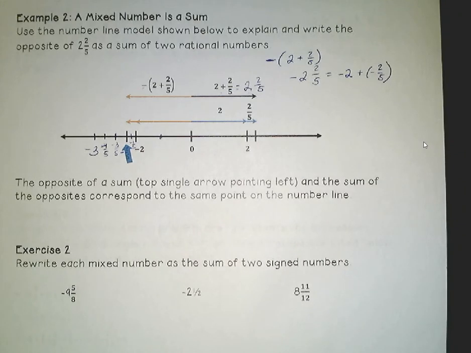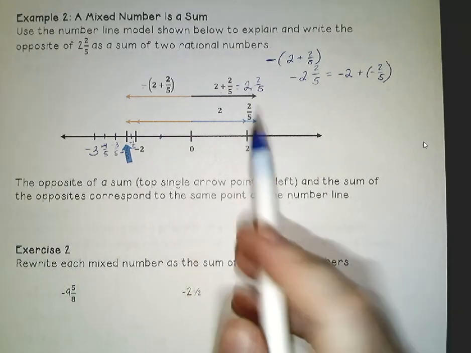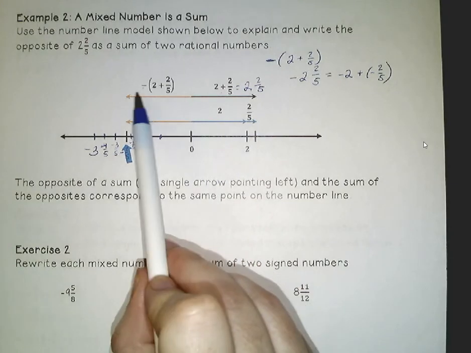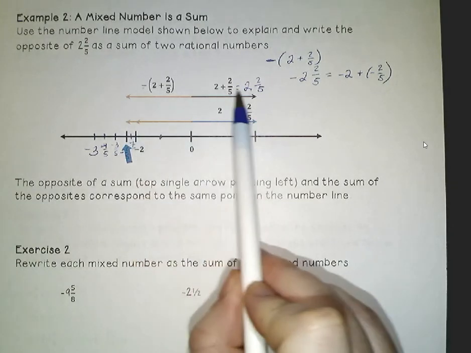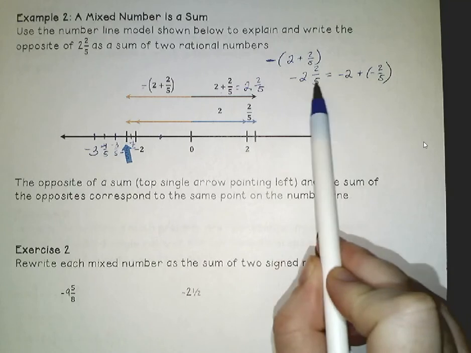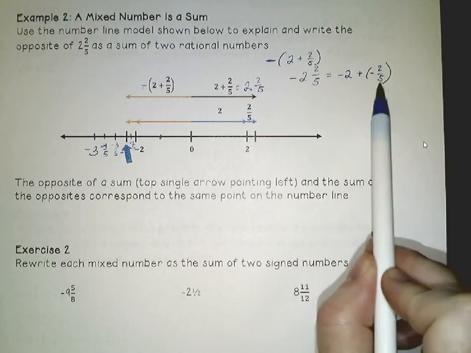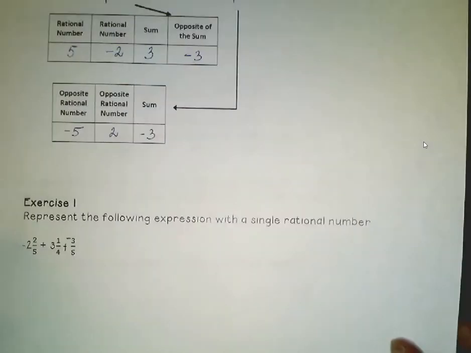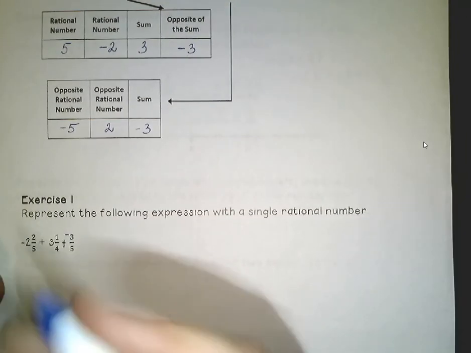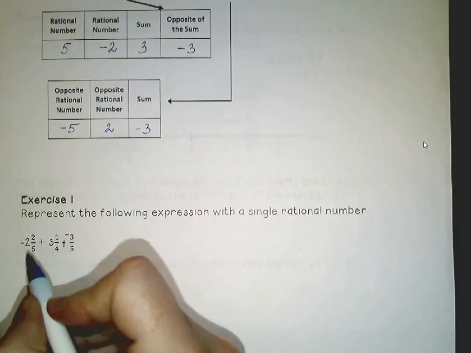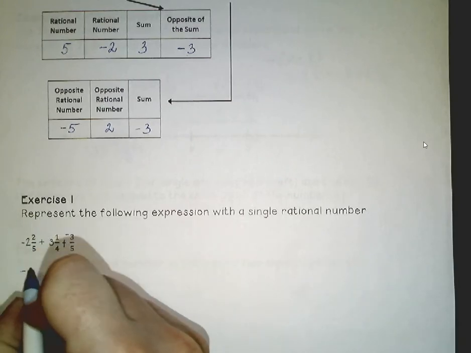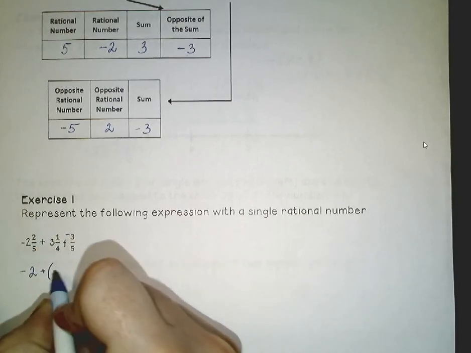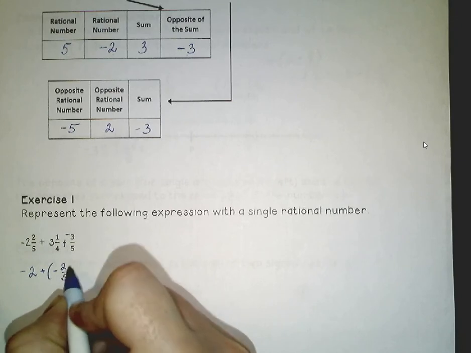Isn't it cool? Now let's take a look back at where we were. So that's why I know that I can rewrite negative 2 and 2 fifths as negative 2 plus negative 2 fifths.